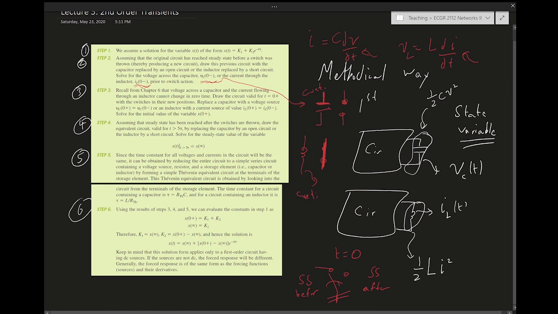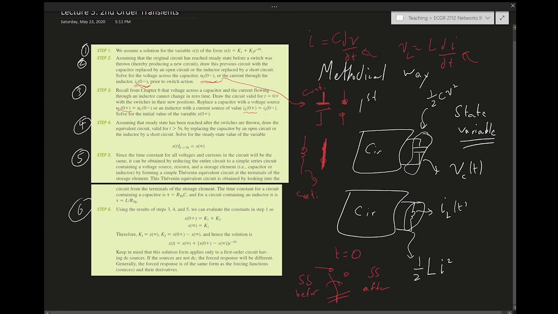So we use that property to get IL0 plus and VC0 plus, which will be the same as the voltage and the current just before the transient event.